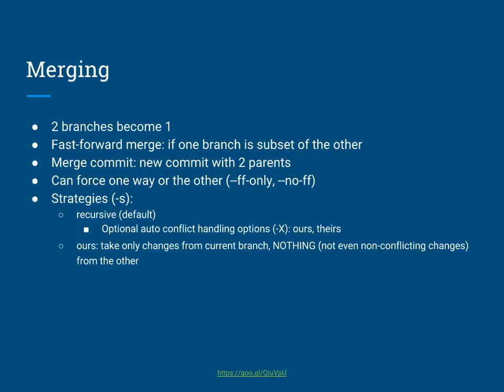So this is branch 1, this is branch 2, and if I want to merge them together, I can just do this. This is called a fast forward. There's no need to create an actual merge commit. I just fast forward branch 1 to this end, and everybody is happy. The reason why this is important, I will show you later.